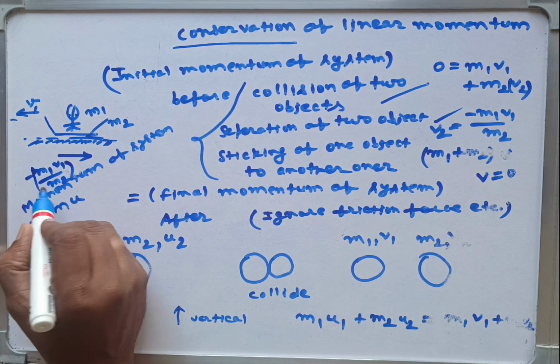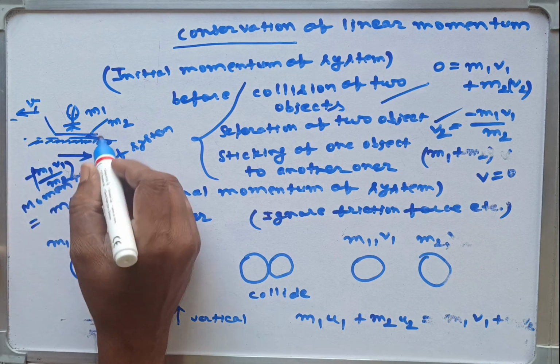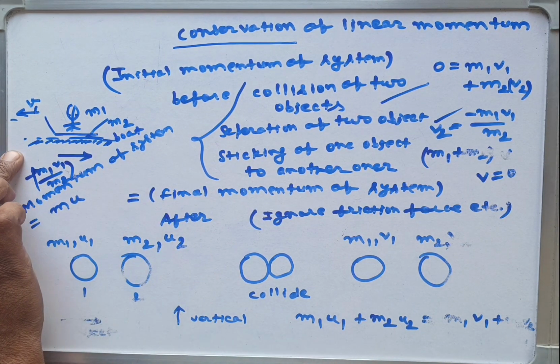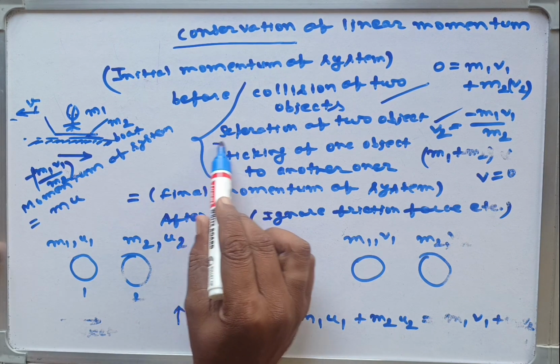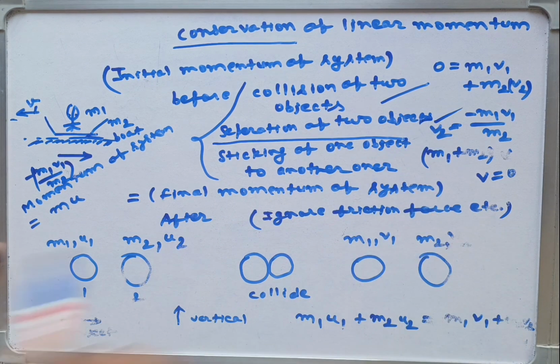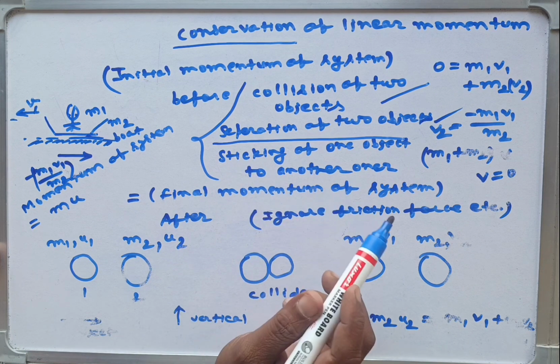The negative sign indicates the motion of the boat is opposite to your direction. Now this one is the case of separation of two objects. Now the third example, sticking of one object to another one.